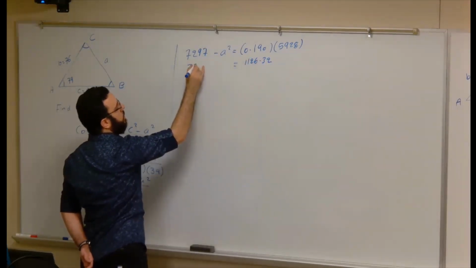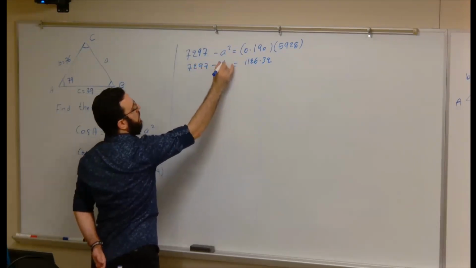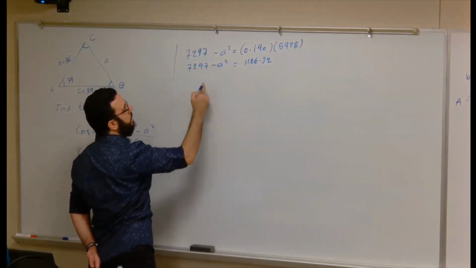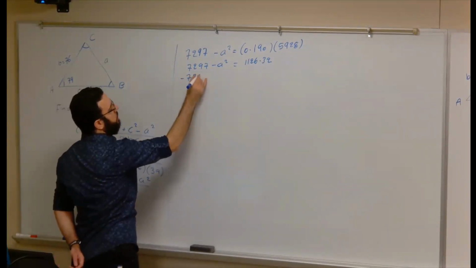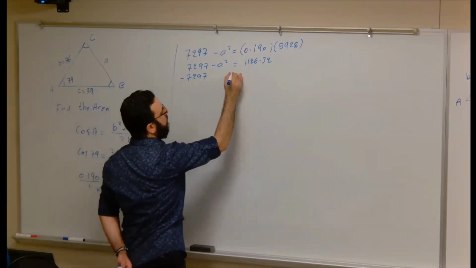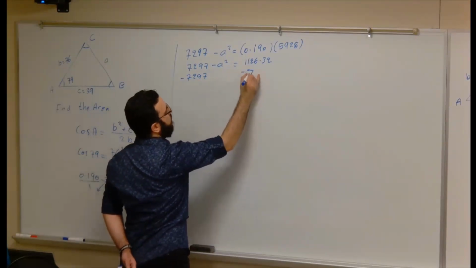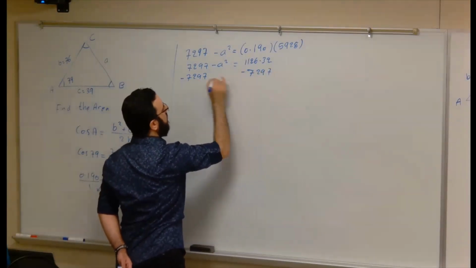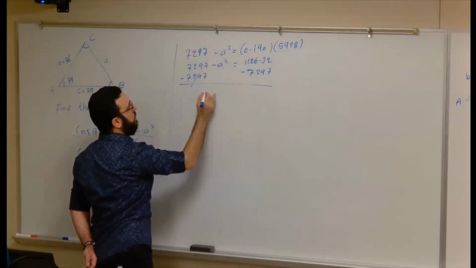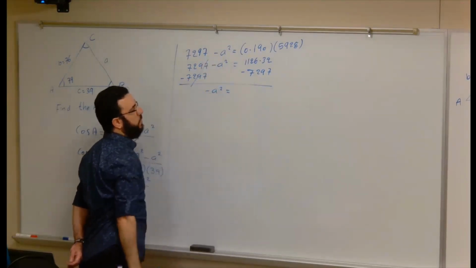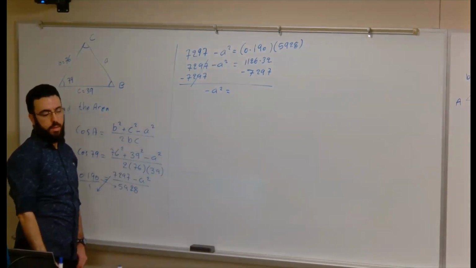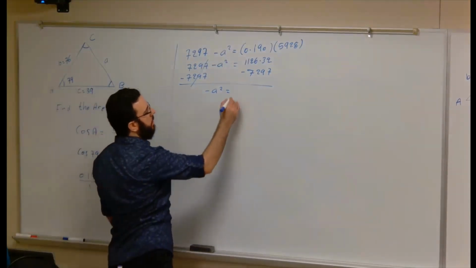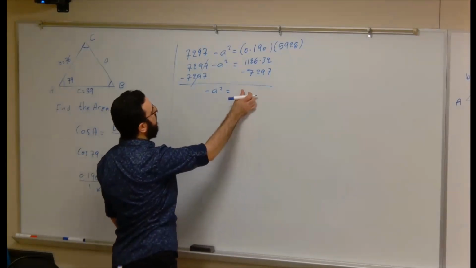Here, 7,297 minus A squared. Then what are you gonna do? You say minus 7,297 from both sides. So negative A squared is going to be equal to what? Negative or positive? That's something wrong.